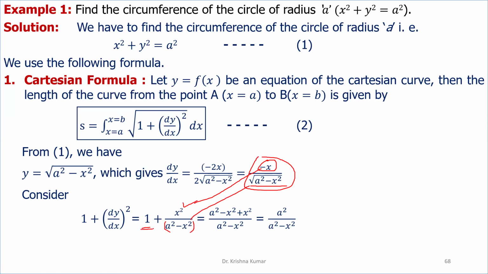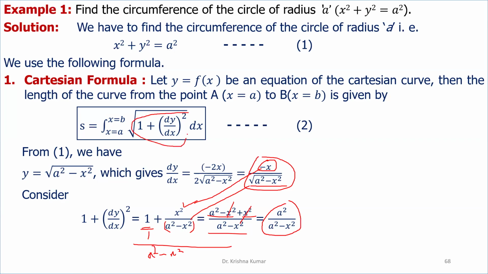Now if we take the LCM, it is a square minus x square. So 1 into a square minus x square plus x square upon a square minus x square. The minus and plus x square cancel. We have a square upon a square minus x square. This is the value of 1 plus (dy/dx) whole square.